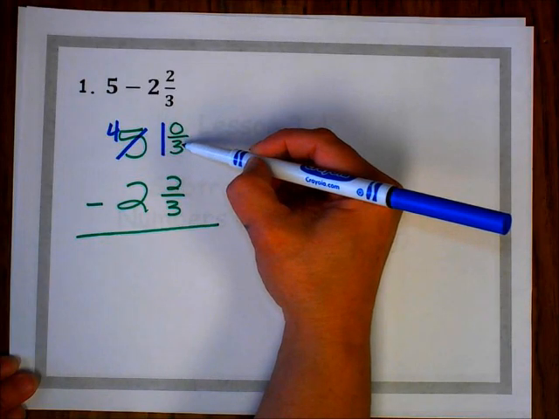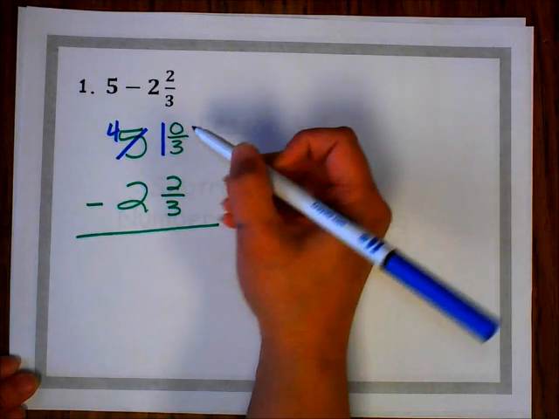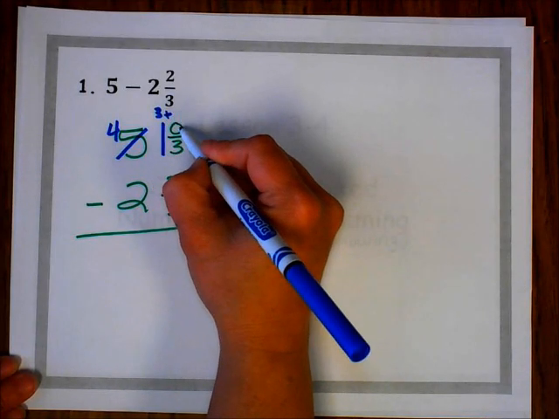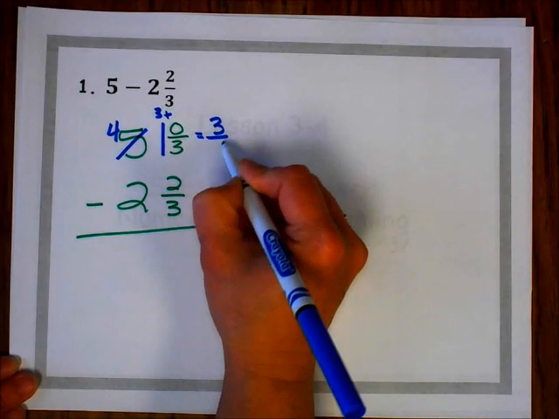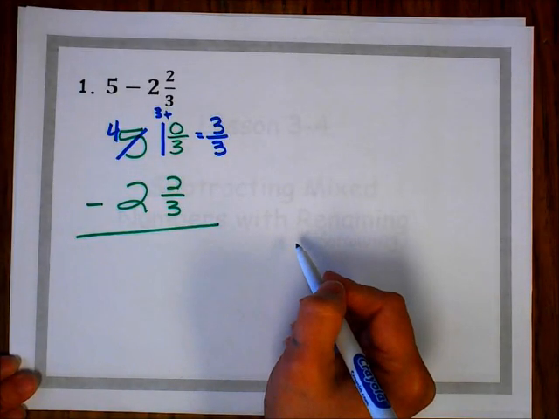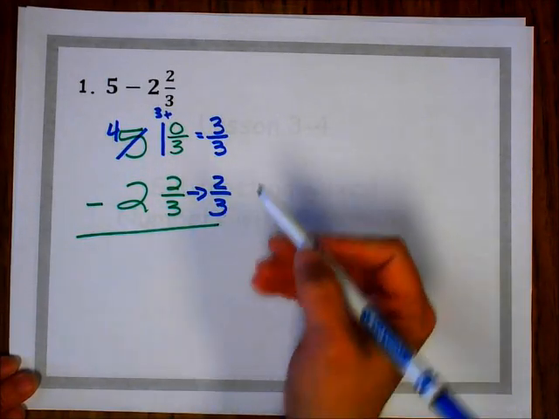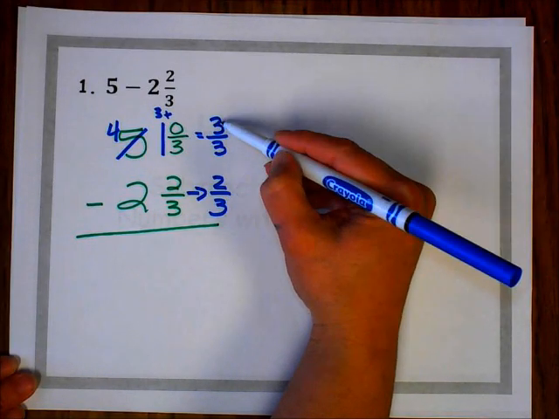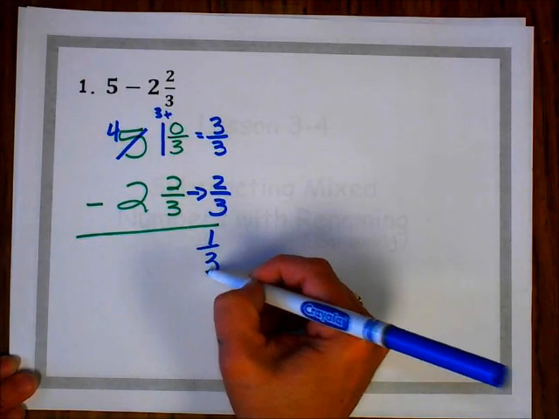To help me use that 1 0/3, I'm going to go around the world and change it into an improper fraction. So 3 times 1 is 3. 3 plus 0 is 3. So 1 0/3 is the same as 3/3. I'm going to slide my 2/3 over, and notice now I am able to subtract. 3/3 minus 2/3 is 1/3.